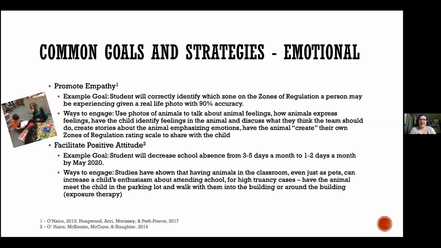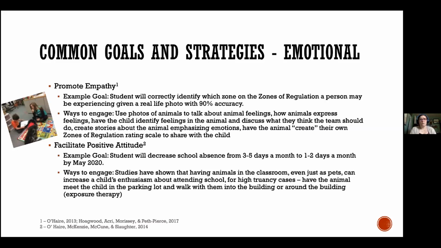As far as positive attitude, I think, as I mentioned, studies have shown that the animals in the classroom, even just pets, can increase a child's enthusiasm about attending school. We know that children with autism often have very traumatic experiences in school-based settings, particularly those who perhaps have moved from public school to a more individualized setting.